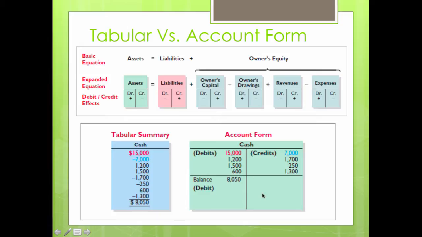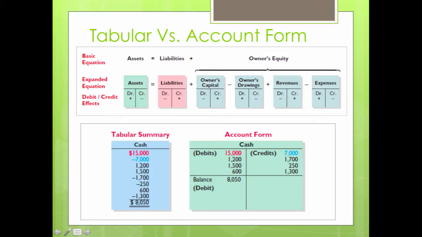Now, in your textbook on page 60, it tells you that if the total on the right side is larger than the total on the left side, then the balance is recorded on the right side. That's not what's happening here.